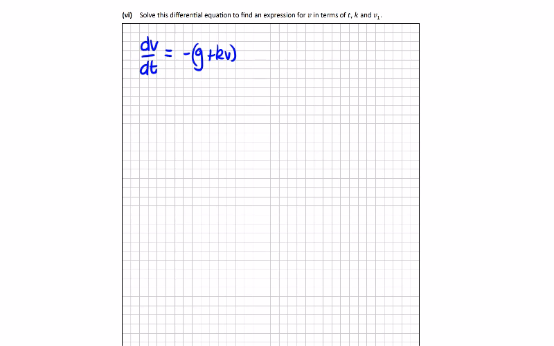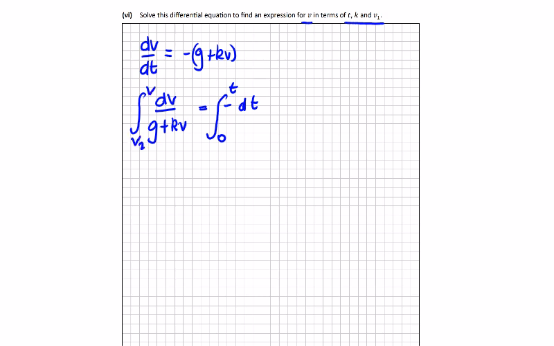In part 6, we're asked to solve the differential equation and find an expression for v in terms of t, k, and v1. Okay, what's happening here? Well, let's simplify. First, we're going to get dv over g plus kv is equal to minus dt. So we integrate these. And we know that at time 0, the velocity is equal to v2. That's what they're telling us here.